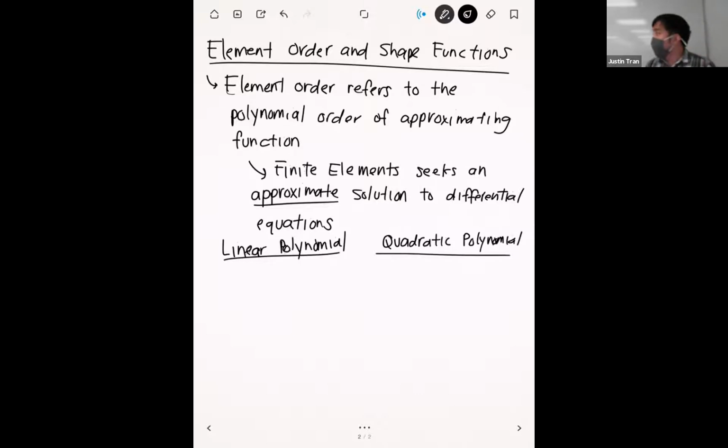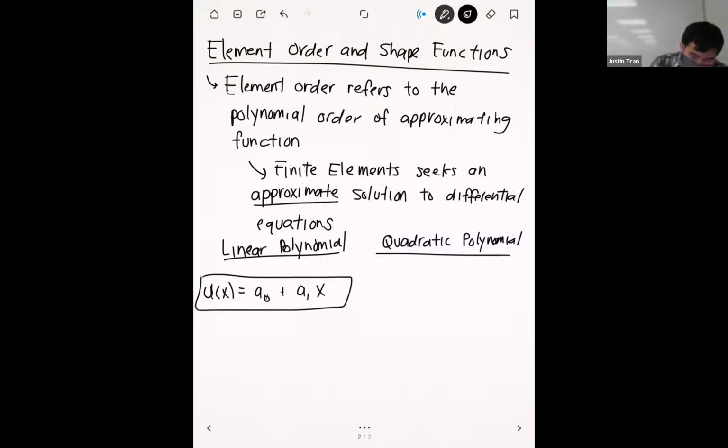For now, I'm going to show you the 1D versions of these polynomials, but later on, as we get to the 2D and eventually 3D element shapes, we'll talk about their multidimensional forms. For a 1D linear polynomial, we just have two terms: our constant term a0 and a linear term a1x.